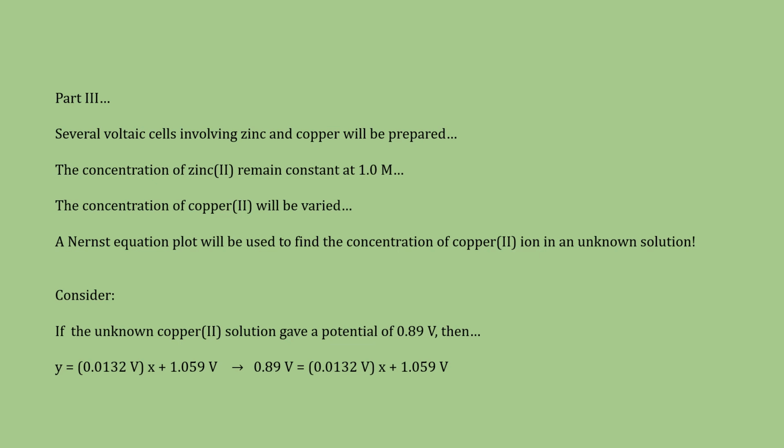We then solve for x. x represents the natural log of the copper-2 concentration. So once I do solve for x, I apply the inverse natural log, that is e to the x, to obtain the copper-2 concentration of 2.8 times 10 to the minus 6 molar. And that, of course, is what we'll be looking at in part 3 of the experiment.